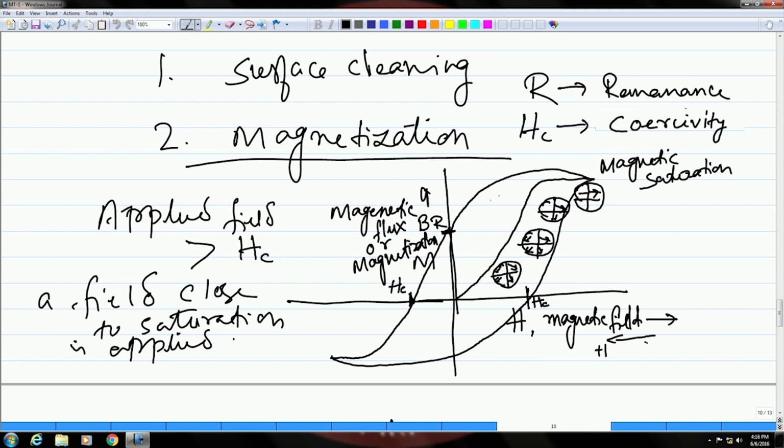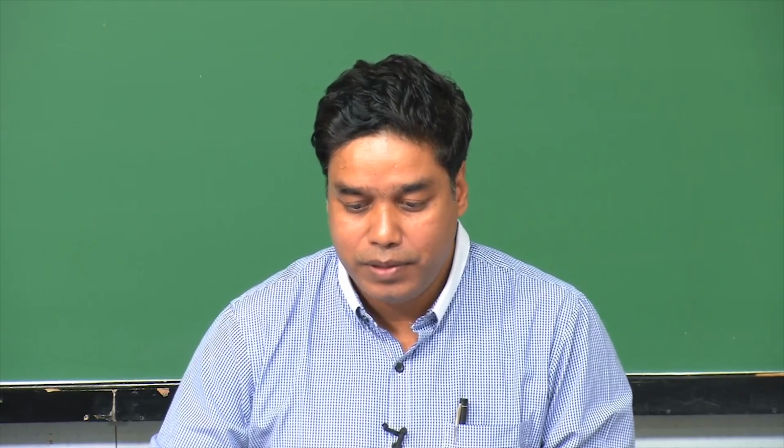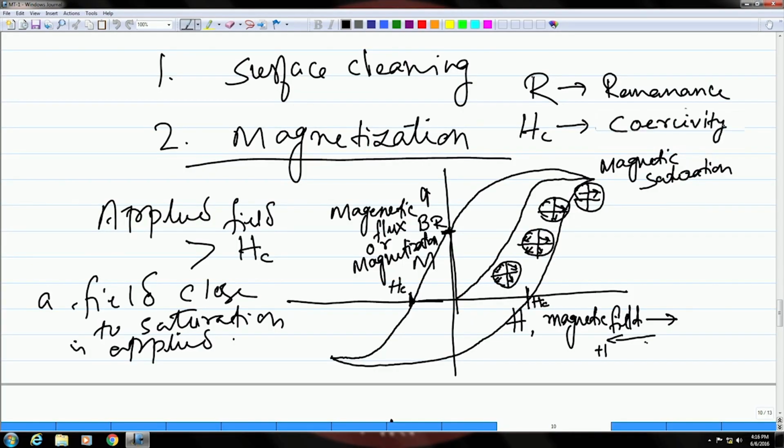The applied field should be greater than the coercivity field Hc, and many a times a field close to the saturation is applied to magnetize the part. So, the magnetic properties which play a role here are the remanence or retentivity and the coercivity. These are the two properties which are important for magnetic particle testing.